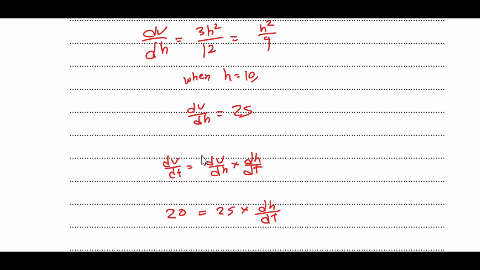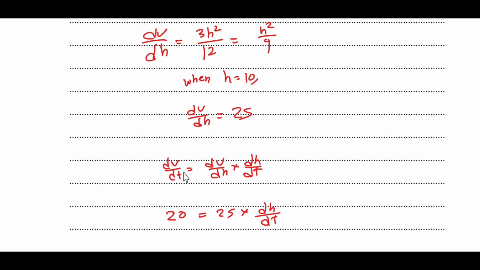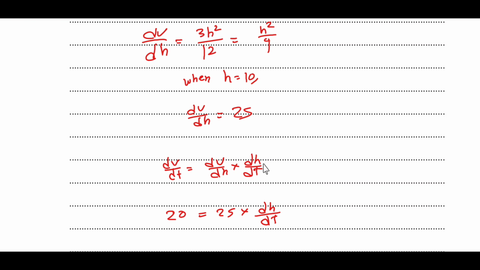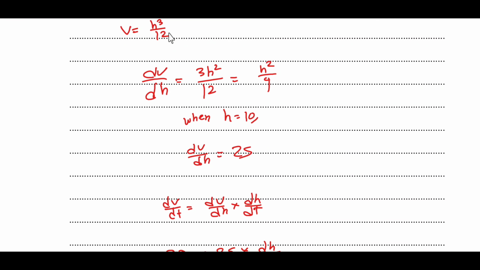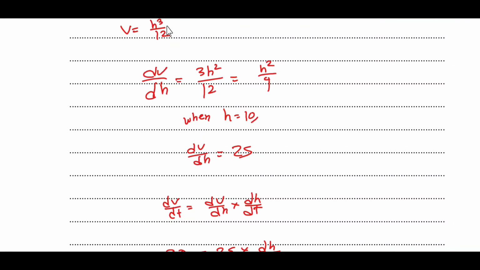For now, we know the value of dv by dt and we need to find the value of dh by dt. So first of all, we need to find the value of dv by dh. So we differentiate the volume: h cube becomes 3 at the front, then power minus 1, that is 3h square by 12.